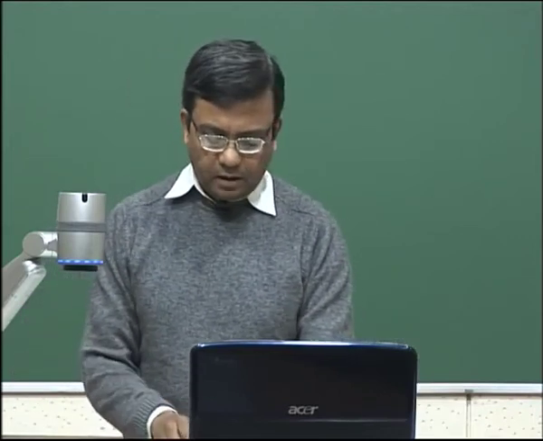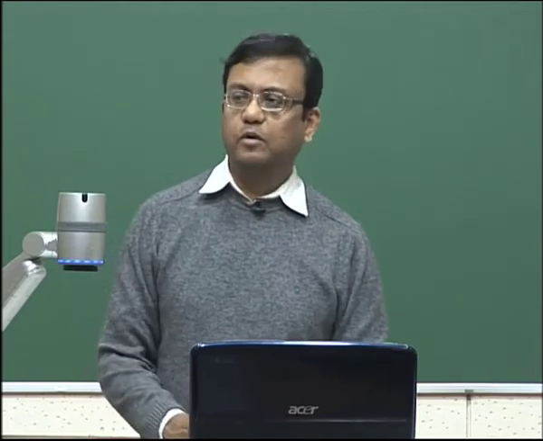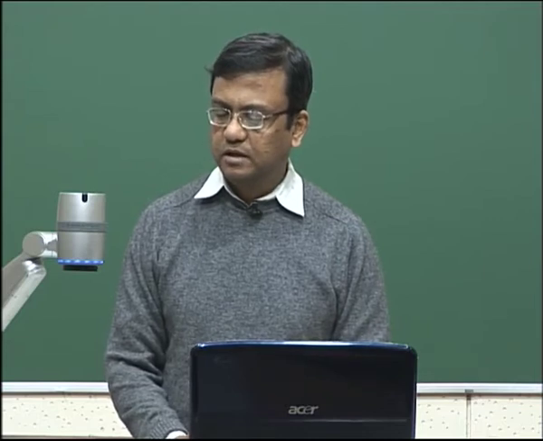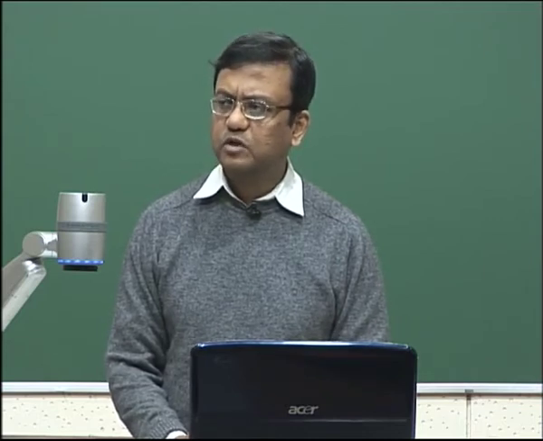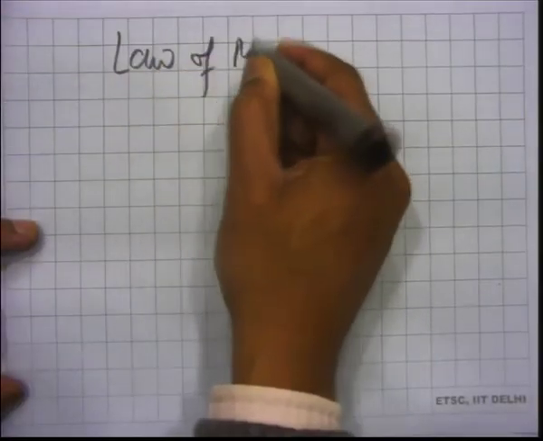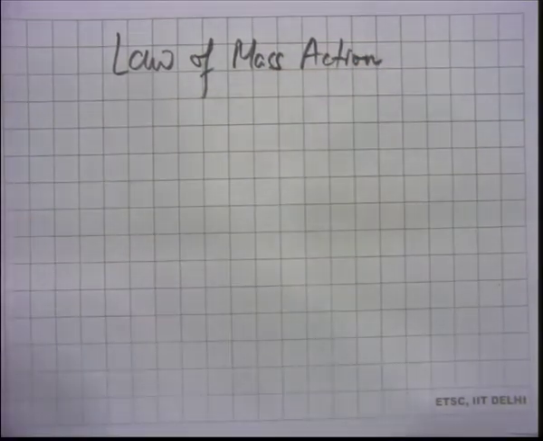Now, apart from what we have understood so far, we are also going to talk about a law which is called the law of mass action. Again this relates to reaction rates, and this is something which you may have learnt in school, but it is a good time to remind you of this, because when we write reaction rates, we will need to talk about the law of mass action.